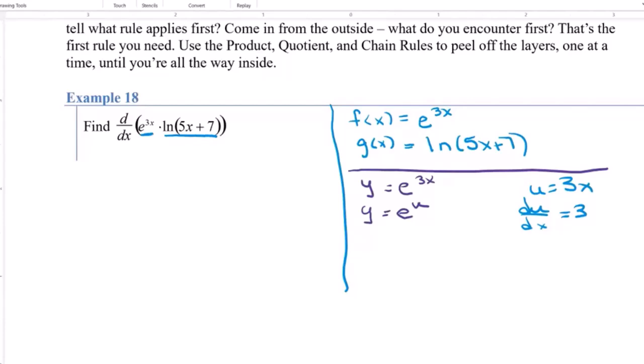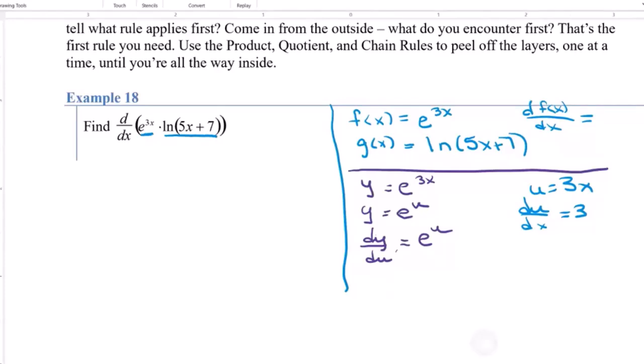And I know that dy du is equal to e to the u. Remember, it doesn't change. And that's why the Leibniz notation is so nice, to find the derivative of f of x with respect to x.